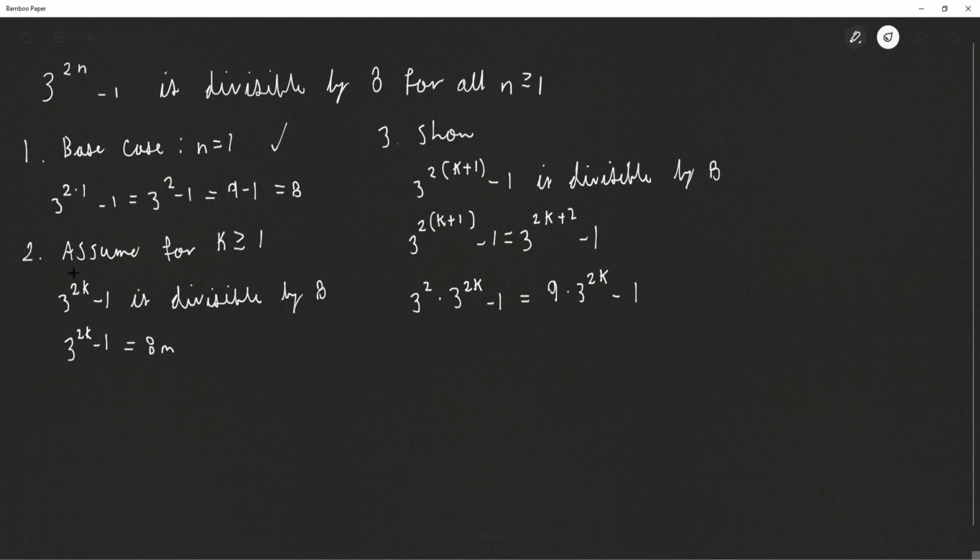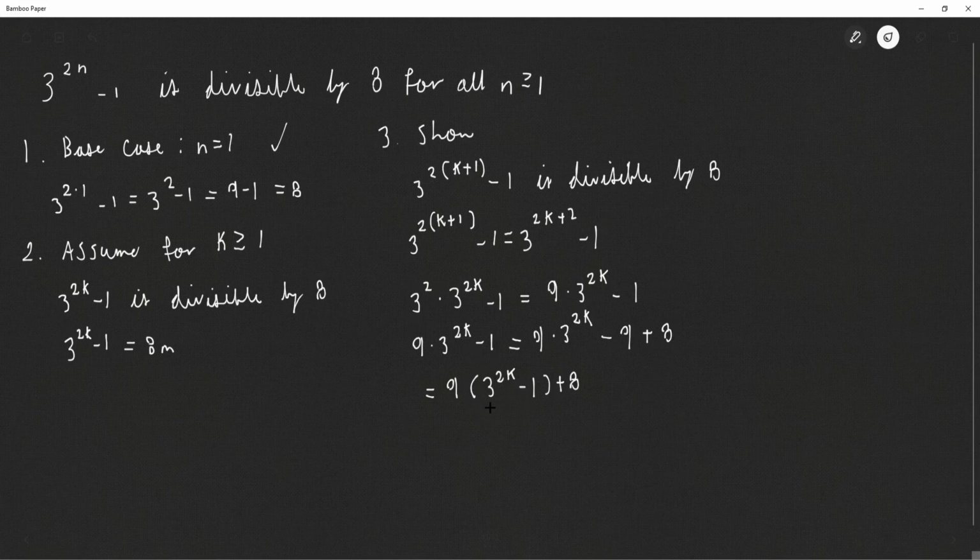However, if we look at our assumption from part 2, we're assuming that for some k, 3 to the 2k minus 1 is divisible by 8. So by using the hypothesis, we get 9 times 3 to the 2k minus 1 is equal to 9 times 3 to the 2k minus 9 plus 8, which equals 9 times (3 to the 2k minus 1) plus 8.